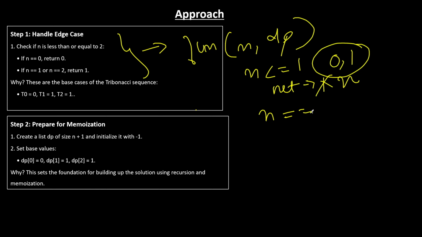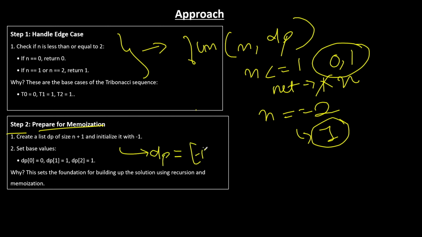And when n equals 2, we have to return 1 only. At step 2, we will prepare for memoization. This memoization preparation is done within the base function which is given to us, and that means we will create a dp array having all minus 1 with n plus 1 as the size. This sets the foundation for building up the solution using recursion and memoization.